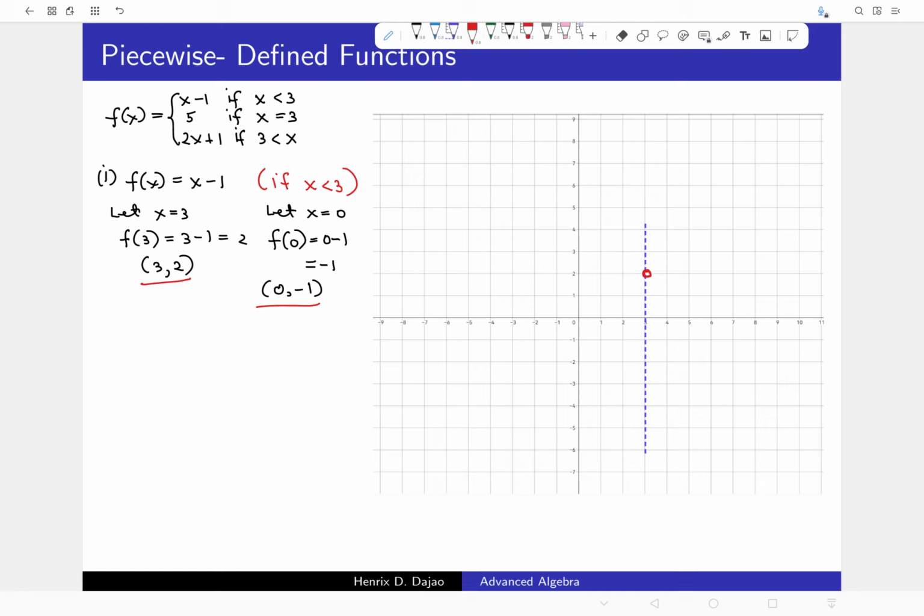We only plot this one using a hollow circle because the value of x here does not include 3, because it's not equal. So although we consider 3 here, and that gives 3, 2, we will not plot this one using a solid circle since 3 is not part of this restriction.